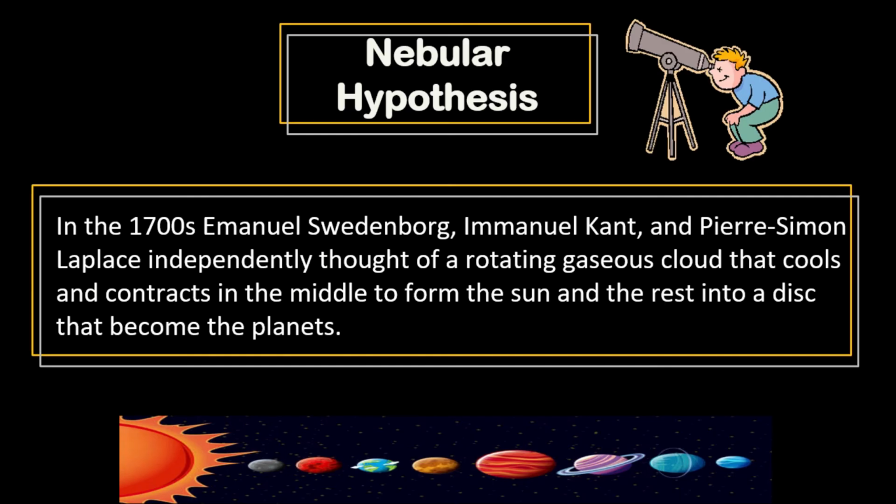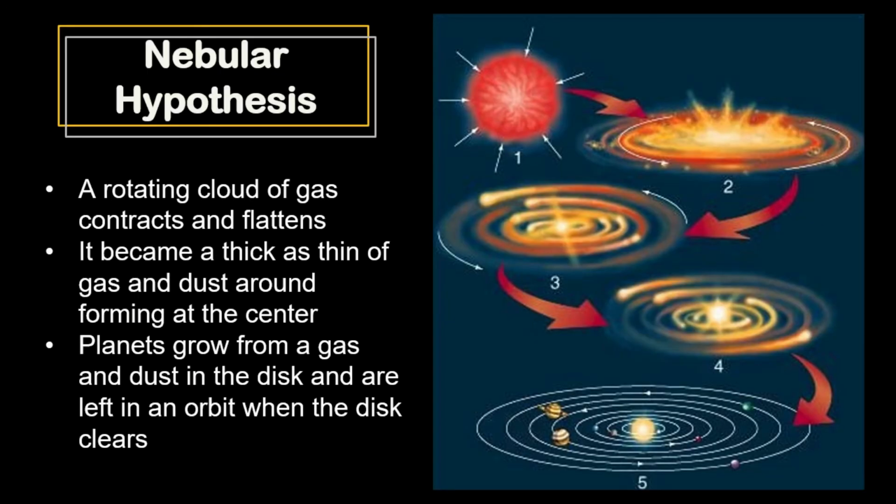No? From a rotating gaseous cloud, it cools, contracts, in the middle forms the sun, and the rest into disks that become the planets. Again, nebular hypothesis, same lang naman yung explanation, iba lang yung illustration. So here, a colored illustration. As you can see, the rotating gas here, and then it flattened.